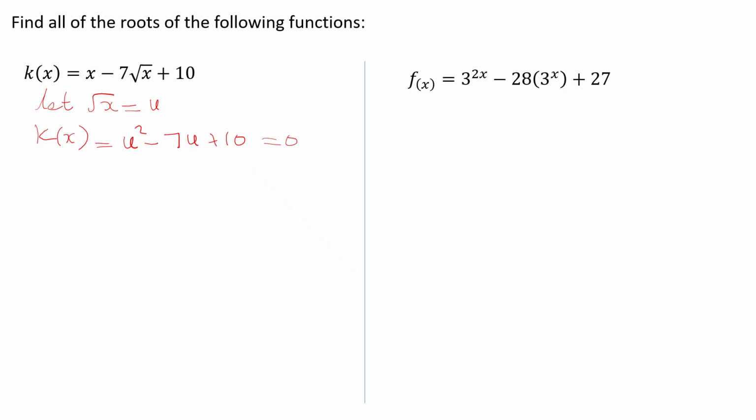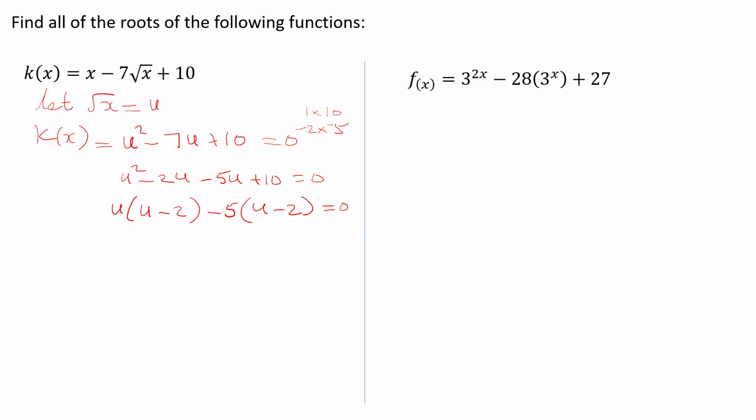So if you multiply two numbers, plus 10. If you add two numbers, negative 7. So 1 times 10, 2 times 5. So negative 2, negative 5. u squared minus 2u minus 5u plus 10 equals 0. So factorize this one. u times u minus 2 minus 5 times u minus 2 equals 0.